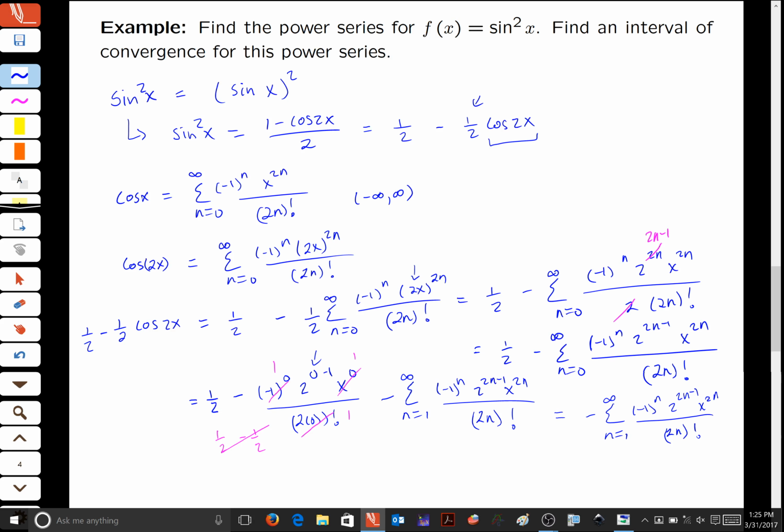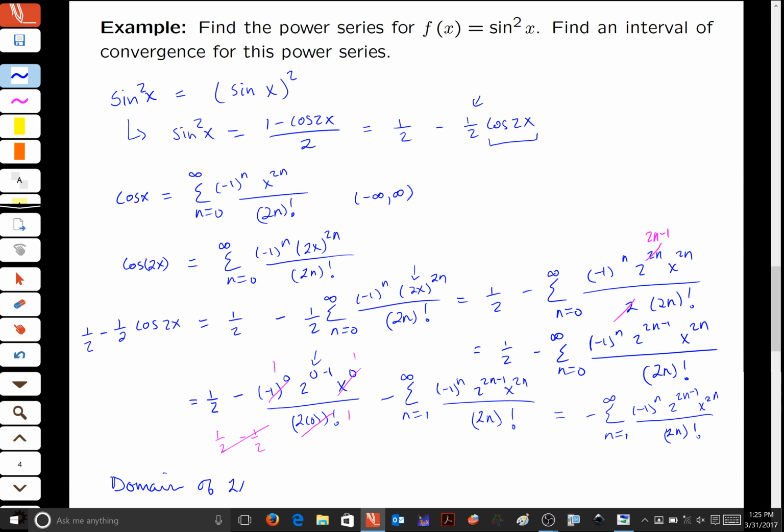Okay, so what is our interval of convergence? We have to go back and look at our 2x that we plugged in here for the cosine. 2x. What is the domain for 2x? Just 2x. Minus infinity to infinity.